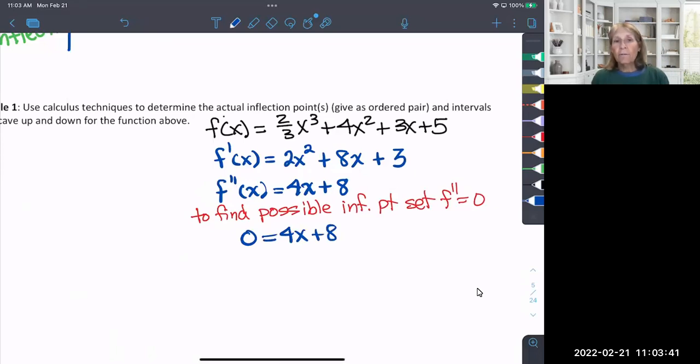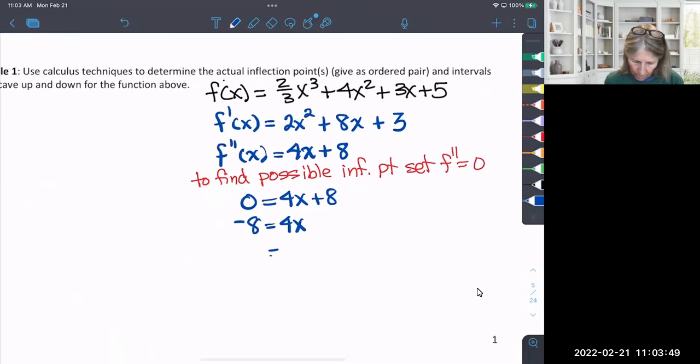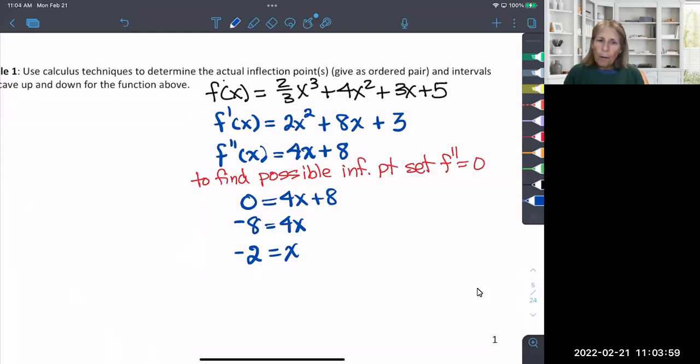Let's solve for x. All right, throw in the 8 over: -8 equals 4x. Let's divide by 4. Look at that. I get x equals -2. Now, I can't guarantee that's an inflection point until I test it. So this is a possible inflection point. I like to call it a PIP, P-I-P, possible inflection point.